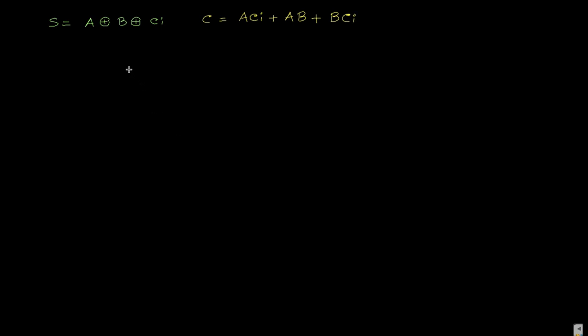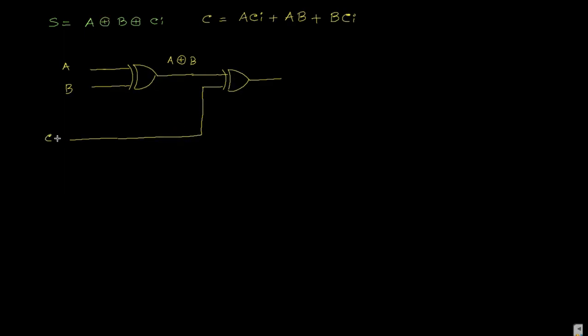So now take one XOR gate. One XOR gate for A, and this is your A input and this is your B input. So the output becomes A XOR B. Now you just feed it into another XOR gate and take Ci as the second input of the second XOR gate.